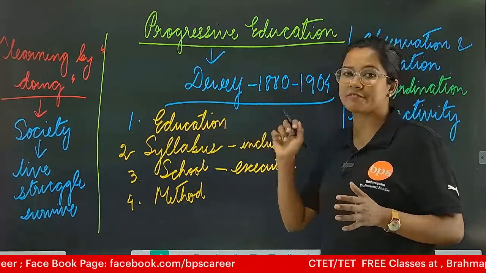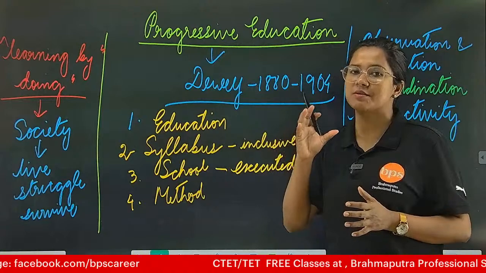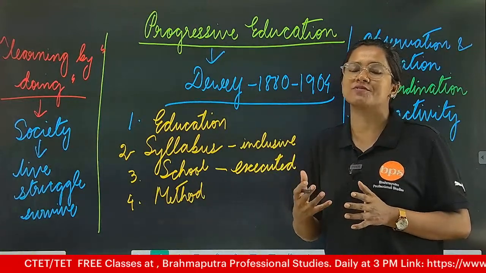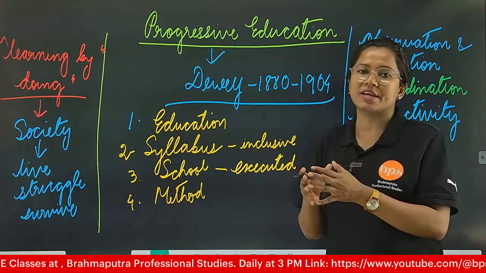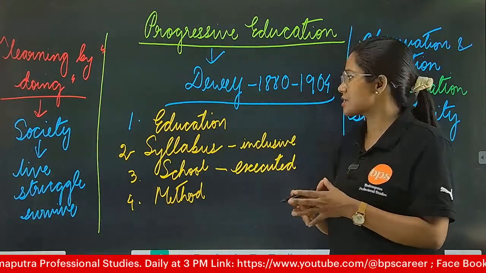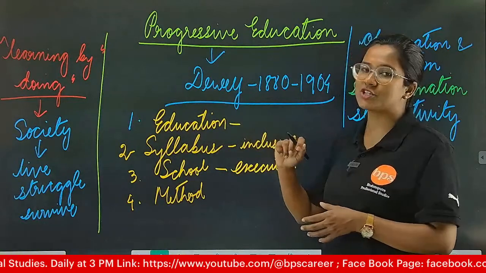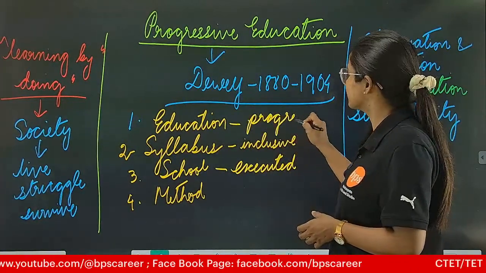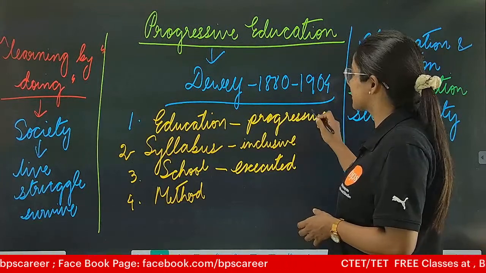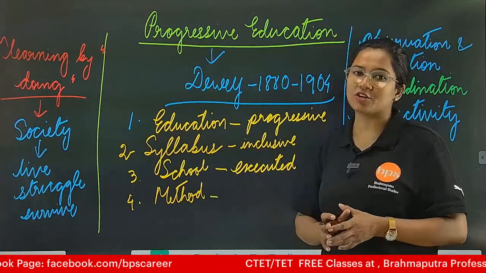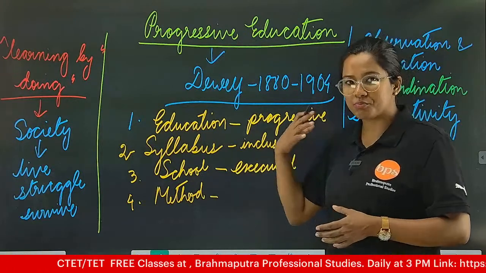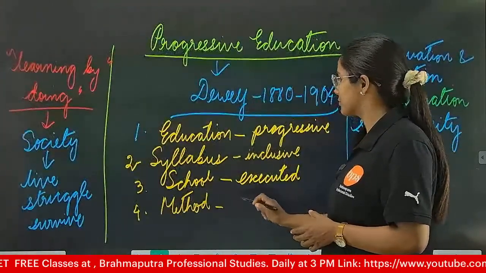Inclusive means we have concept-based questions, and at the same time, we have concepts which are to be carried out through some kind of experience, or we can say through activities. Education, what kind of education? It is progressive. And the methods, what kind of method? It is not traditional, but it is the modern approach.